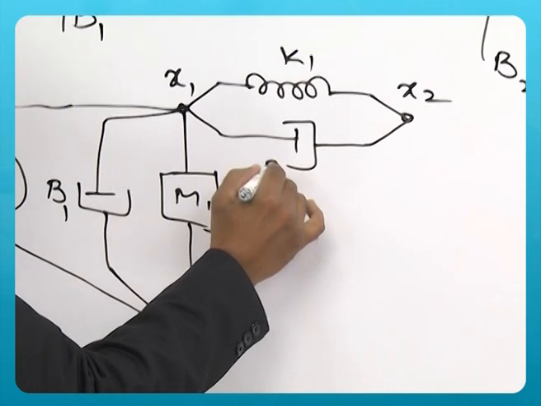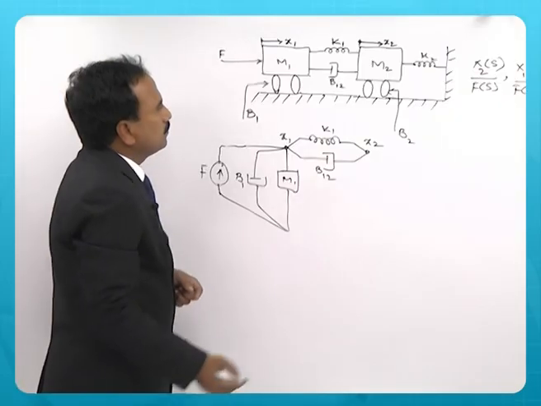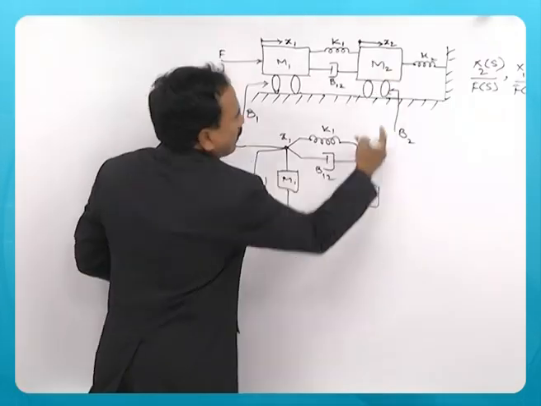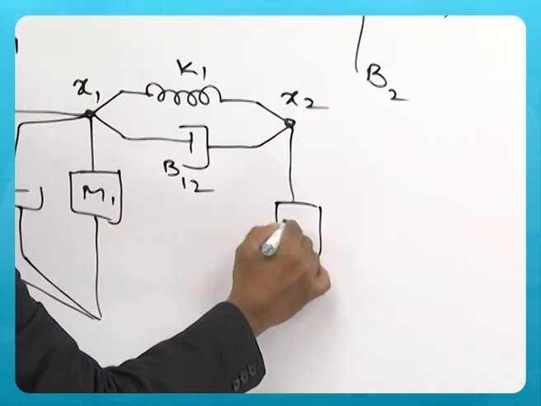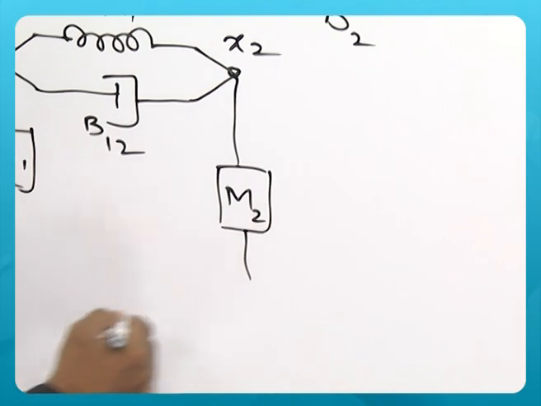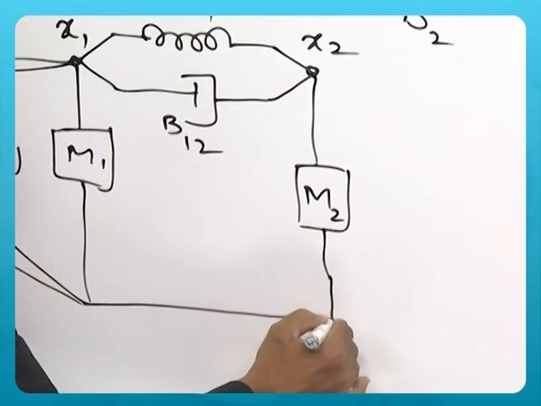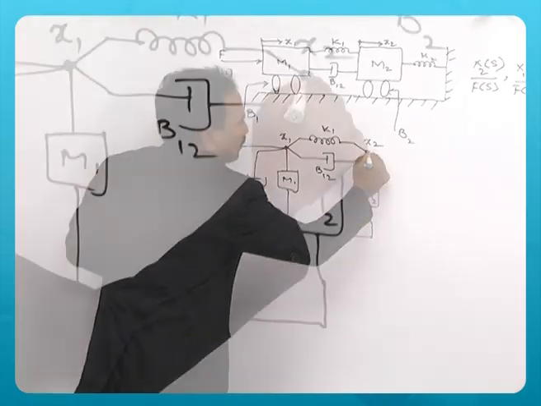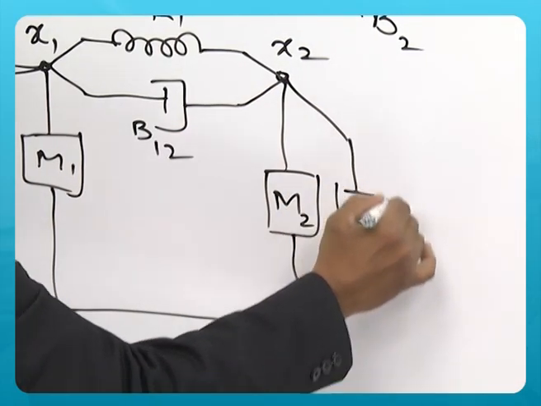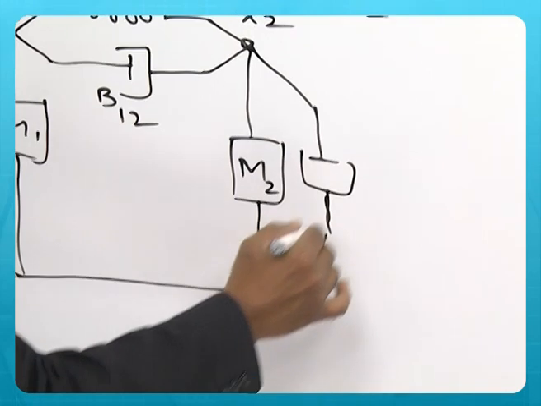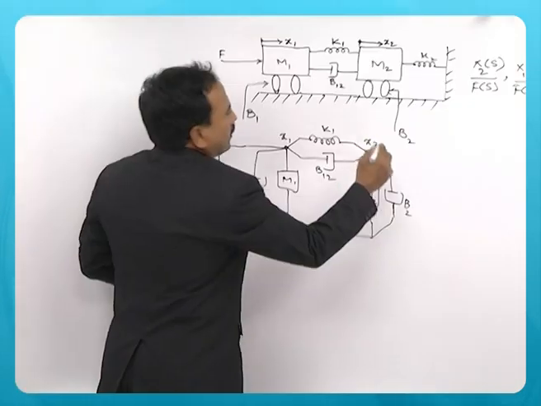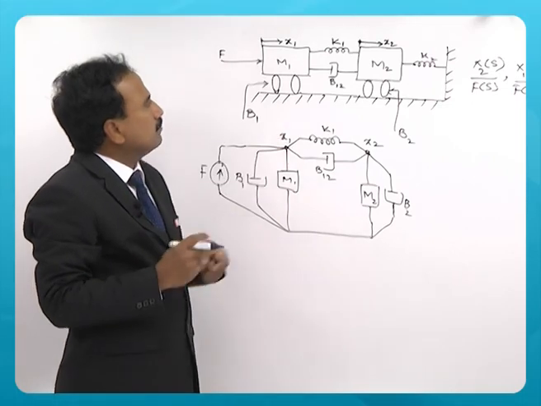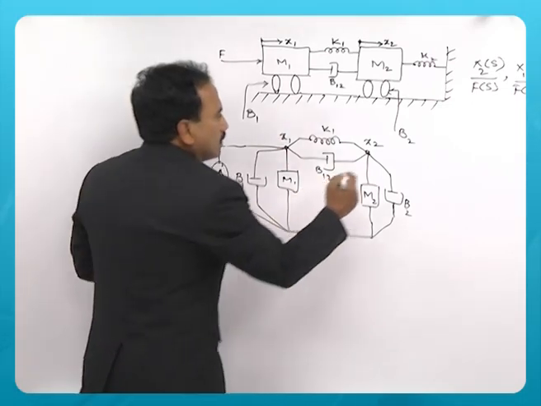K1, B12. Now, for the second node x2 there is a mass 2, and then there is a friction component represented by a dashpot, and then there is a spring also, K2, which exists between mass 2 and ground.